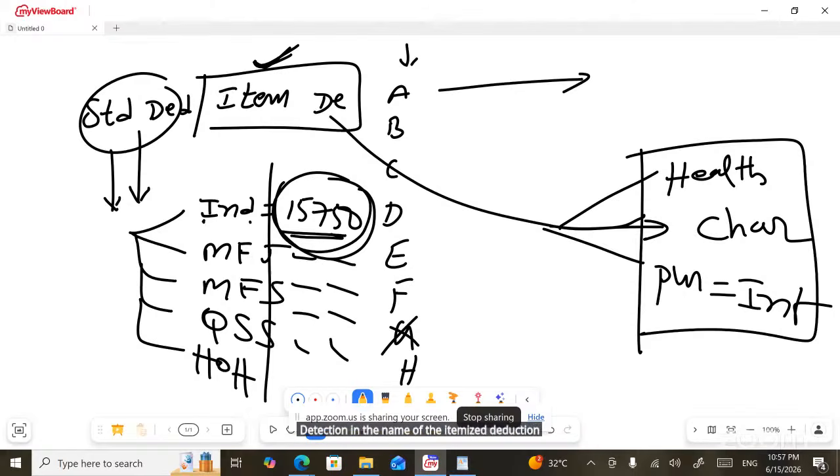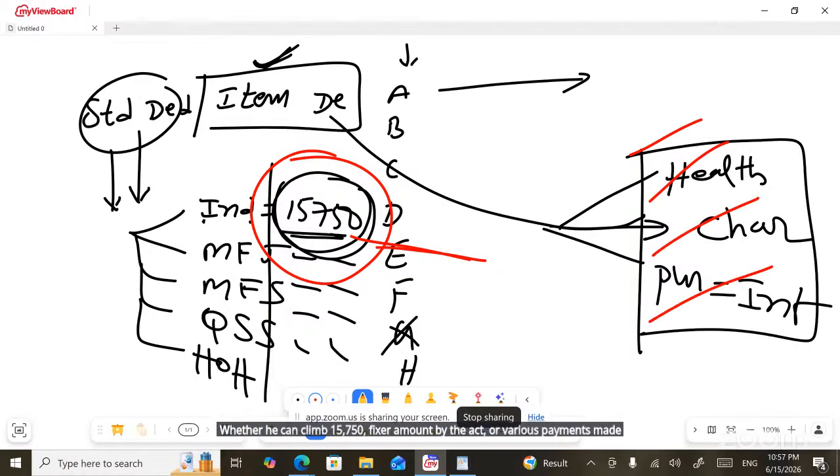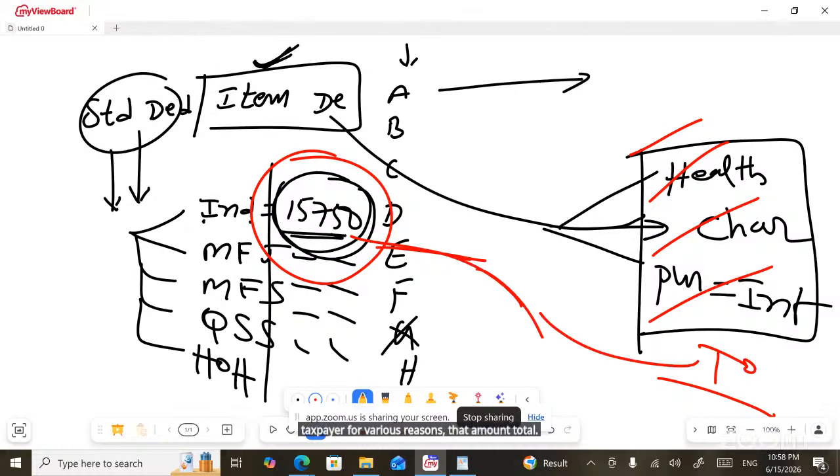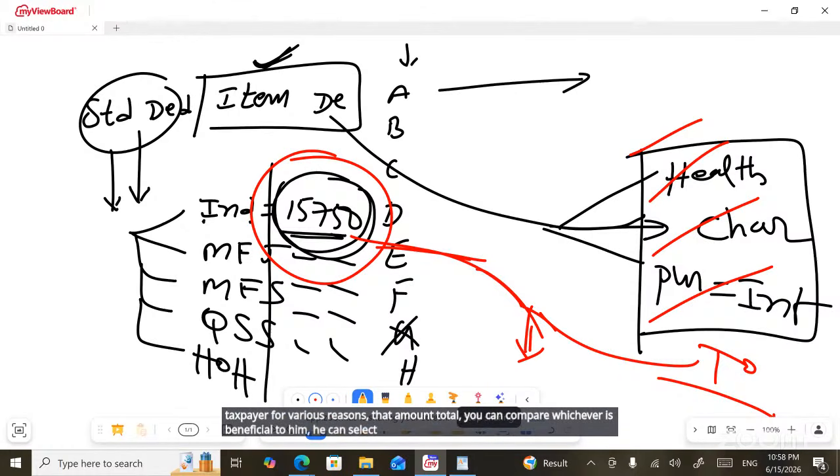So the taxpayer has the option to decide whether to claim the fixed 15,750 amount by the Act, or the various payments made for various reasons. He can compare the totals, and whichever is beneficial to him, he can select, either standard deduction or itemized deduction, at his choice.